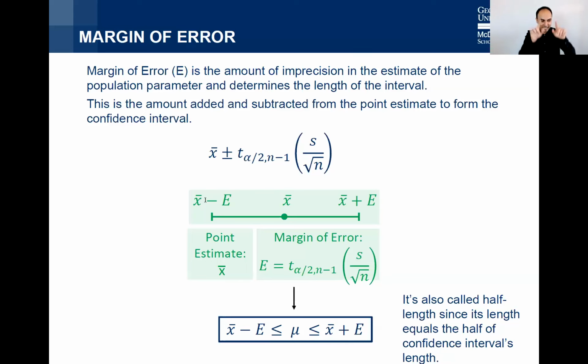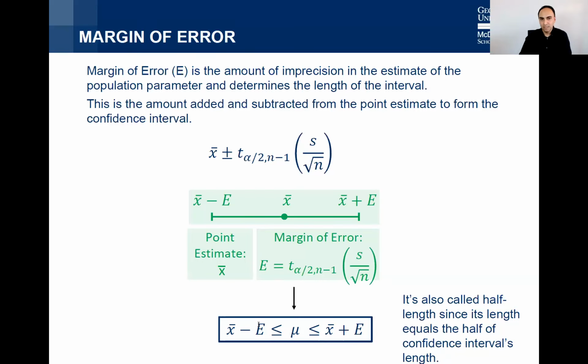So it's a label, a name for that whole value that we add and subtract from the sample statistic, or the sample mean, to create the confidence interval. In this case, we denote that with E.